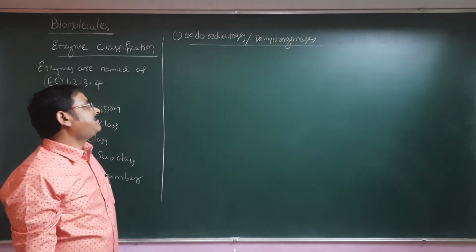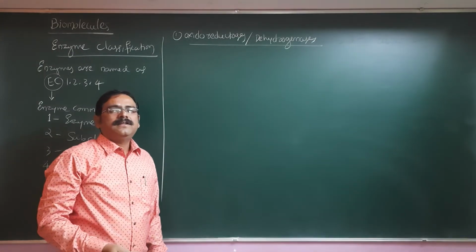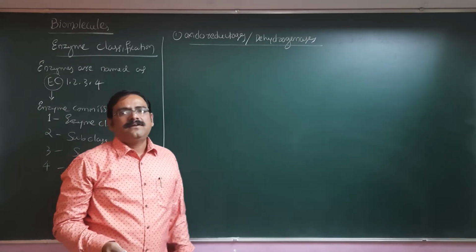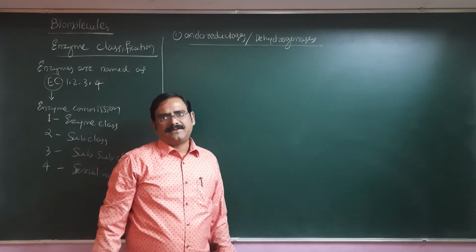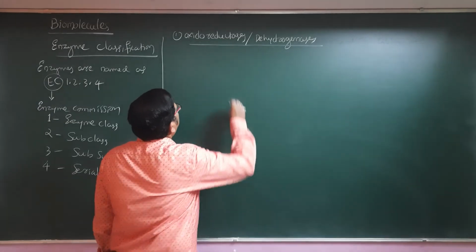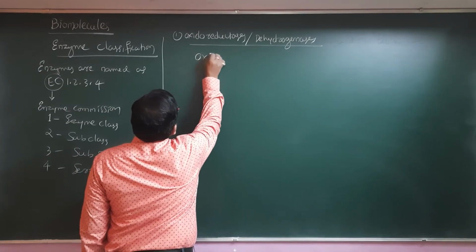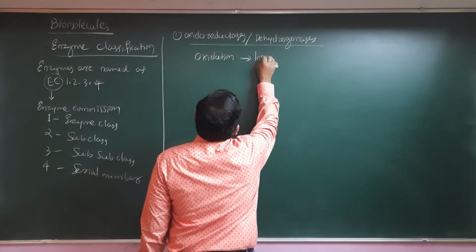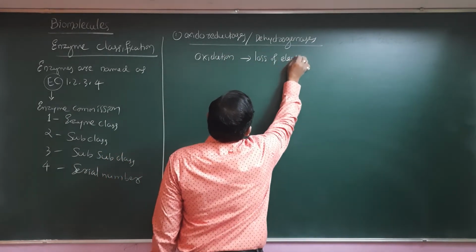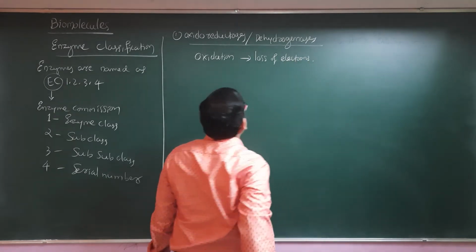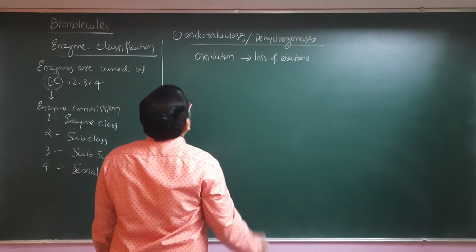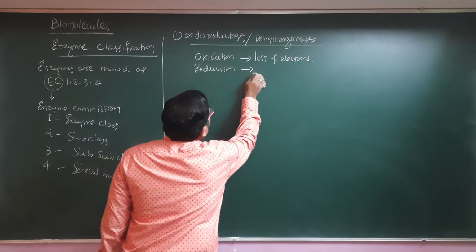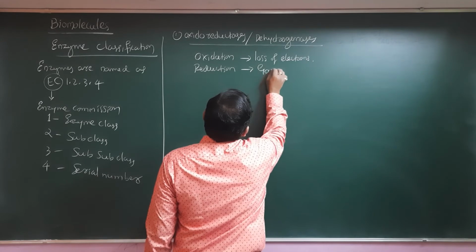They shift the hydrogen group, so we can say they accelerate the oxidation as well as reduction reactions. We need to understand what oxidation is. Oxidation is loss of electrons. Yes. So what is reduction? It is the gain of hydrogen.